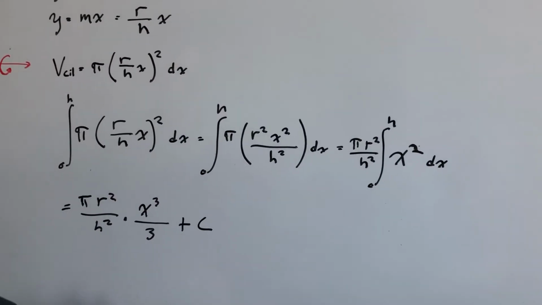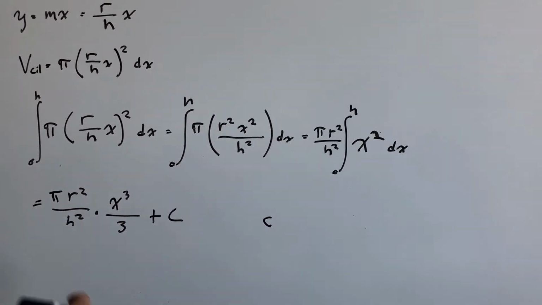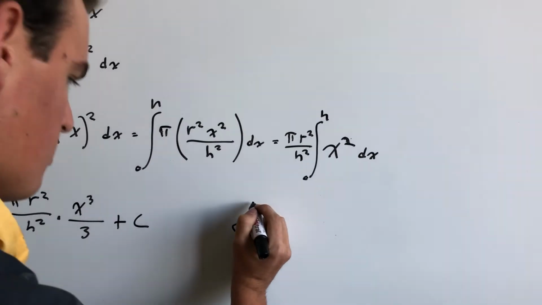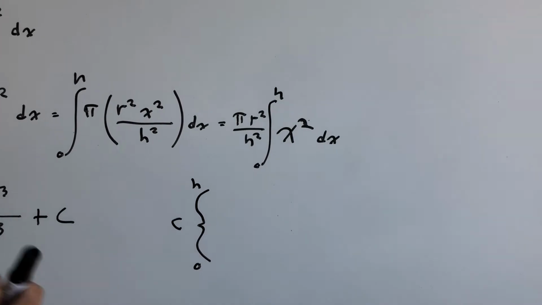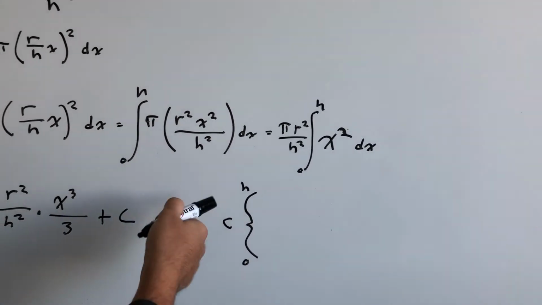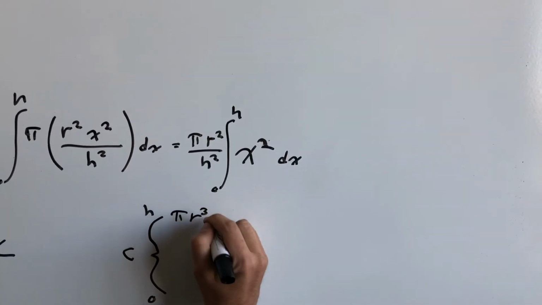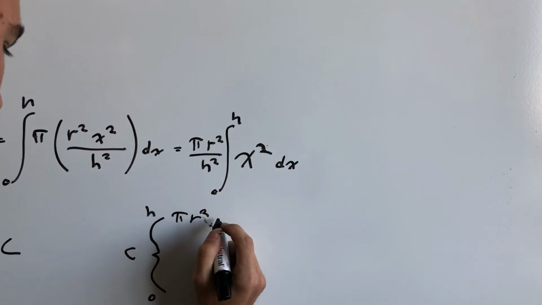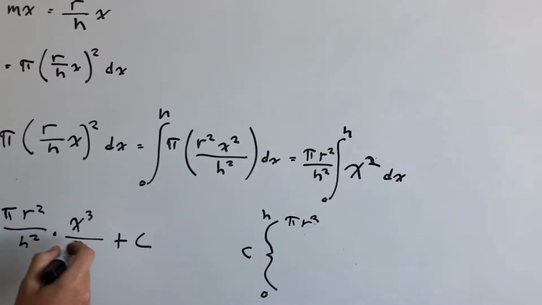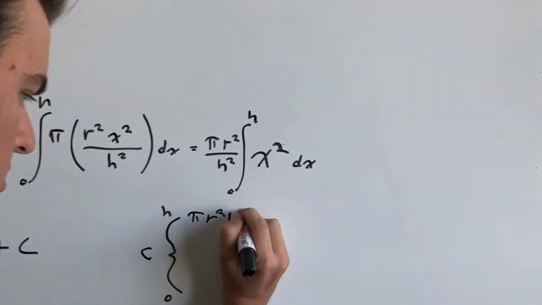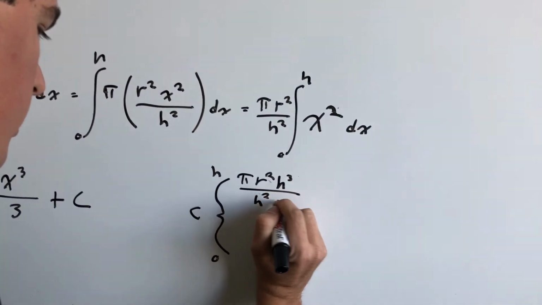We do that by substituting the limits of the integral into the integrated equation, 0 and h. So the equation for x equal to h would be pi times r squared times, substituting h instead of x, h to the third power over h squared times 3.